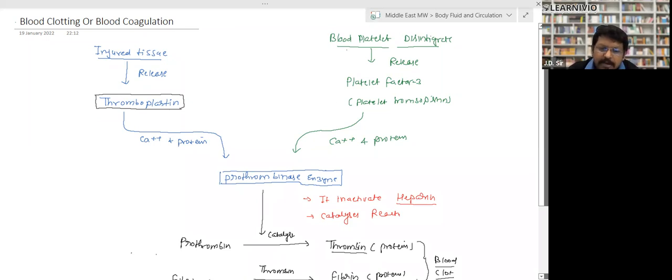Again, in another place, blood platelets disintegrate at the injury point and release platelet factor 3. Platelet factor 3 is the same thing, platelet thromboplastin, right? Again, this platelet factor 3 or platelet thromboplastin in presence of calcium and protein changes to prothrombinase enzyme.